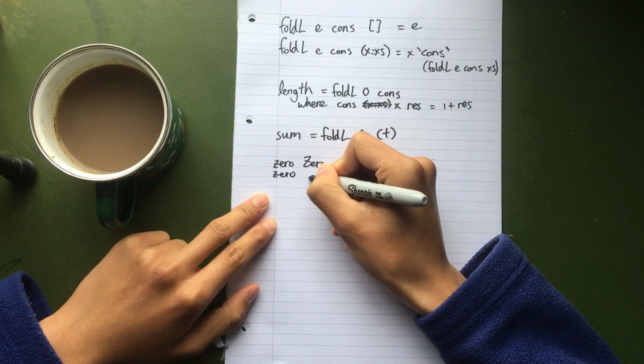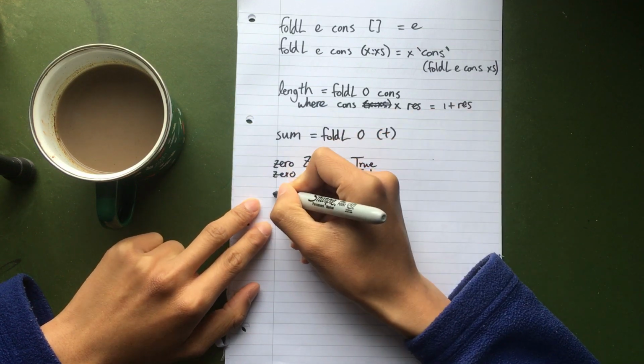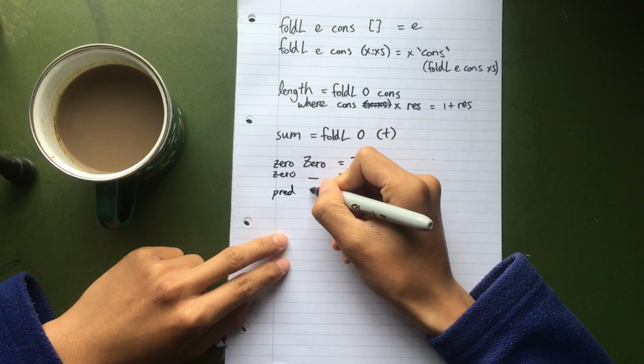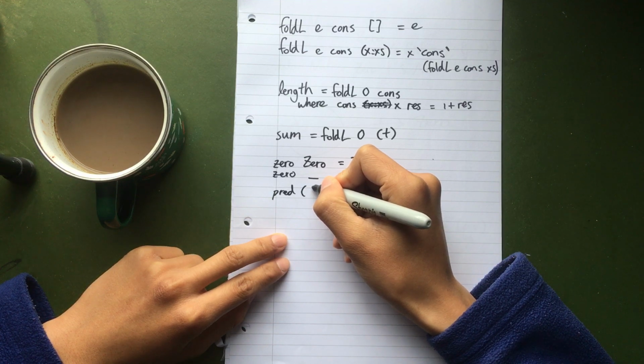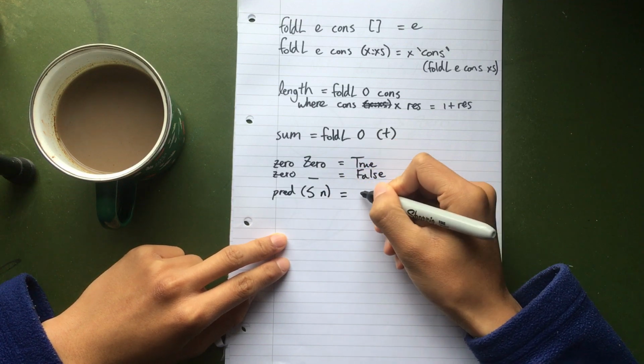And in every other case, it's going to be false. And I'm going to make a function pred, which is a minus-1 function for the natural numbers. It's only going to be defined on non-zero numbers, and it's going to say, okay, if we have pred of successor of something, we're going to return that something.